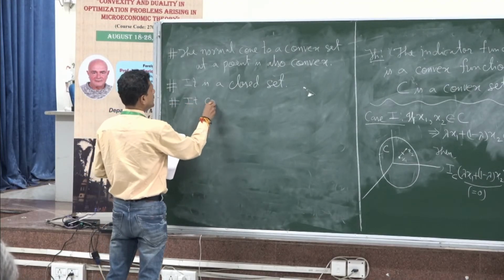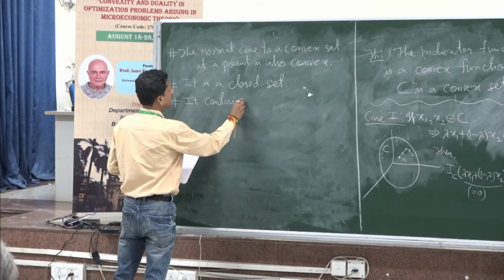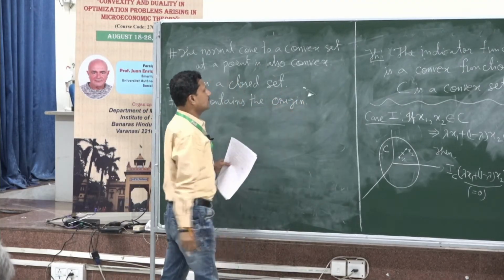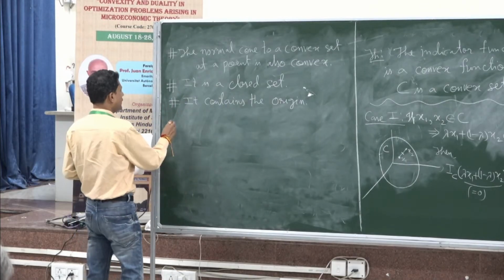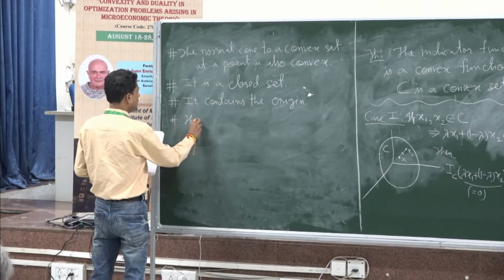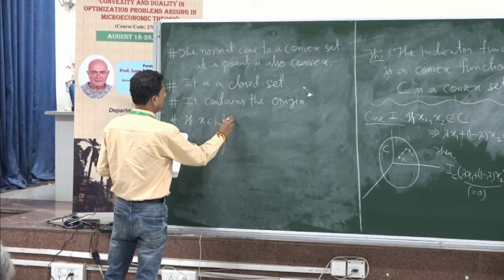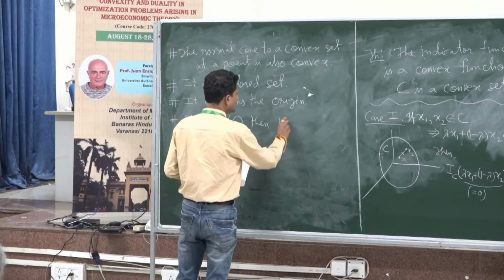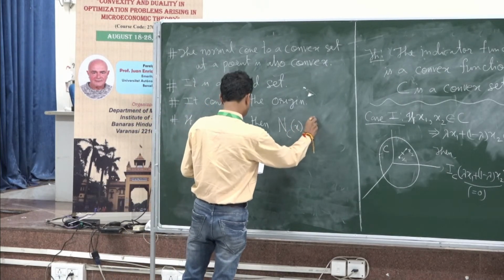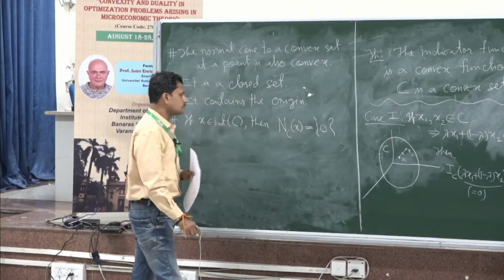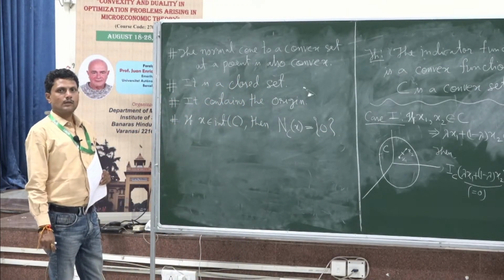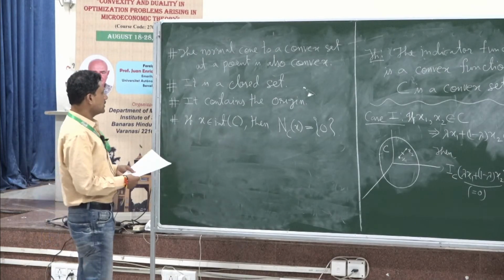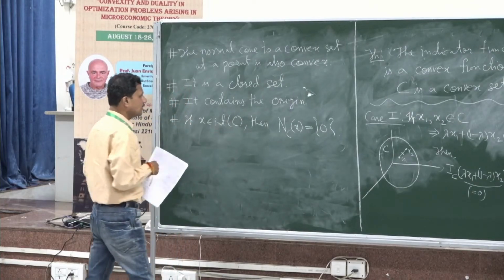It contains the origin. And if this point x is in the interior of C, then this normal cone will be the singleton 0. Okay. So you can use the definition of normal cone to find out whether these results are correct or not.